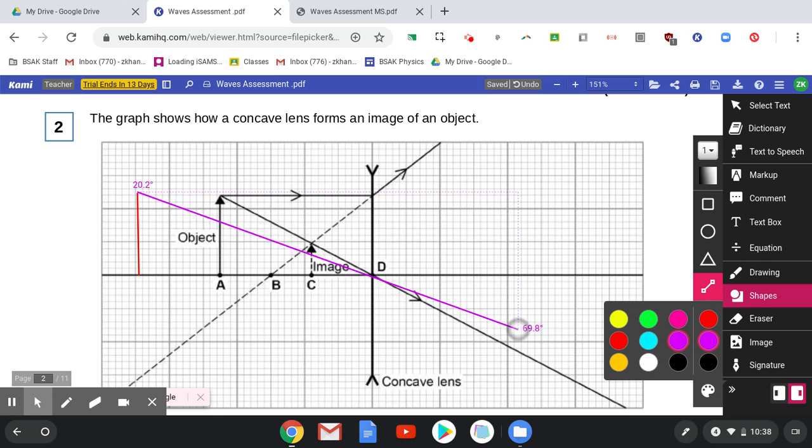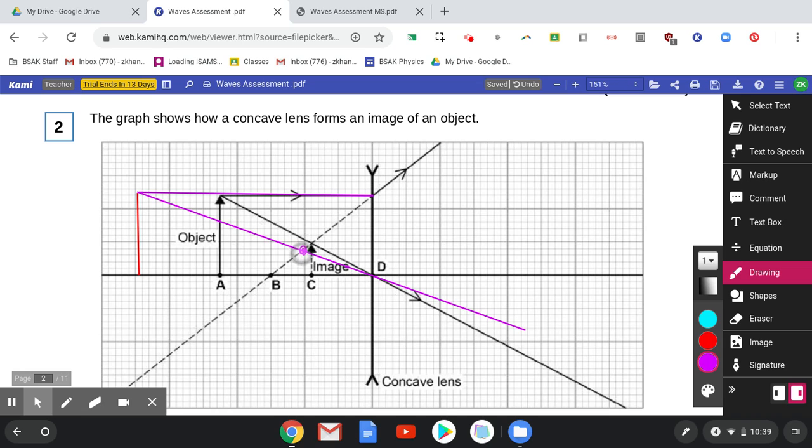This is going to stay the same. So the way that it bends out is exactly the same. So now what we've got is this is the intersection point, and this is the size of your image. So we can clearly see that the image height is smaller afterwards when the object is moved further away.